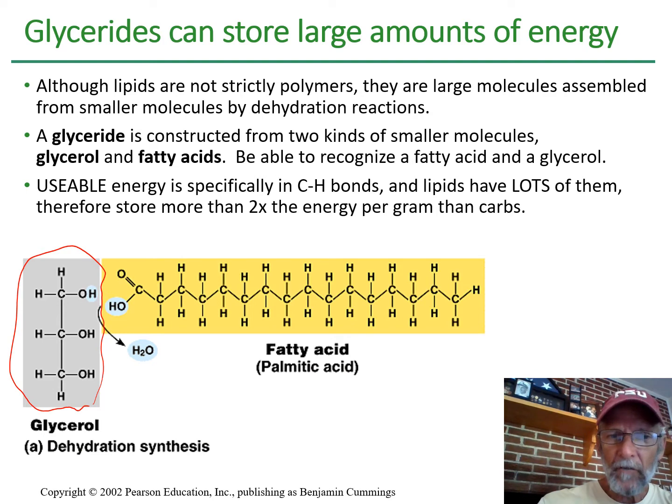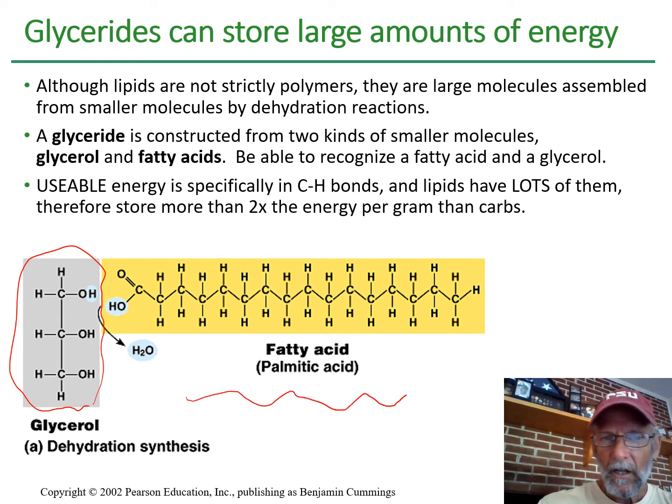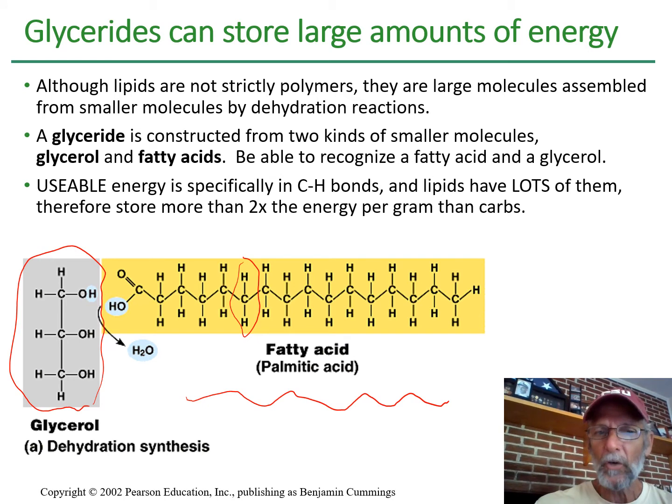You see a bunch of carbons. Remember I told you about a chain of carbons that you saw in that glucose when it was in its straight chain form. But what don't you see here attached to those carbons? You don't see OHs, you don't see oxygens. So this is a pattern similar to some carbohydrate things, but dissimilar in the fact that you don't see the CH2O here. You just see carbons and hydrogens. This is therefore called a hydrocarbon chain as well.